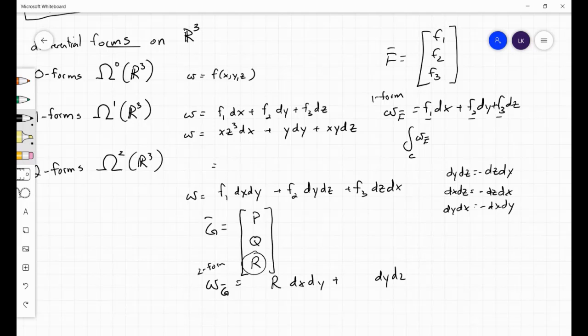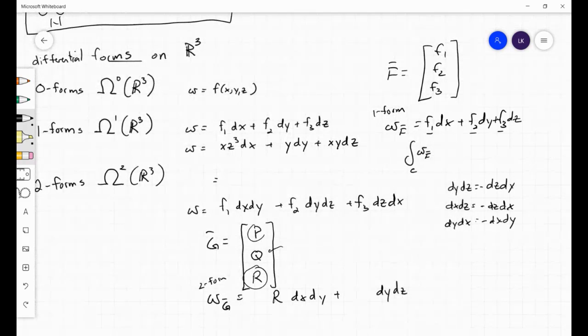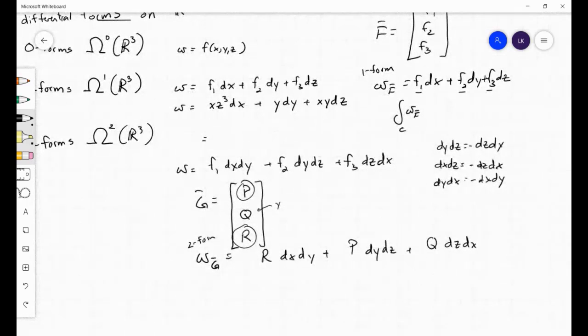And then you have dy dz, except it wouldn't be the second component, it would be the x component, and so on. And then dz dx, this doesn't have a y in it, so you want the y component. Okay. And then you can say that the flux of the vector field through some surface S would be the integral of this 2 form over that surface.